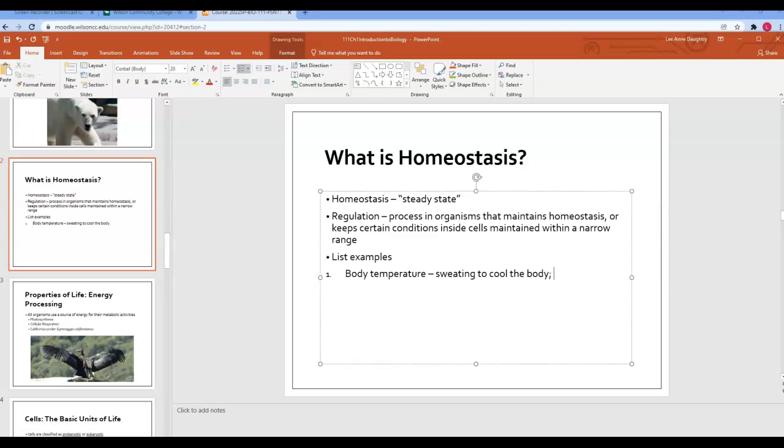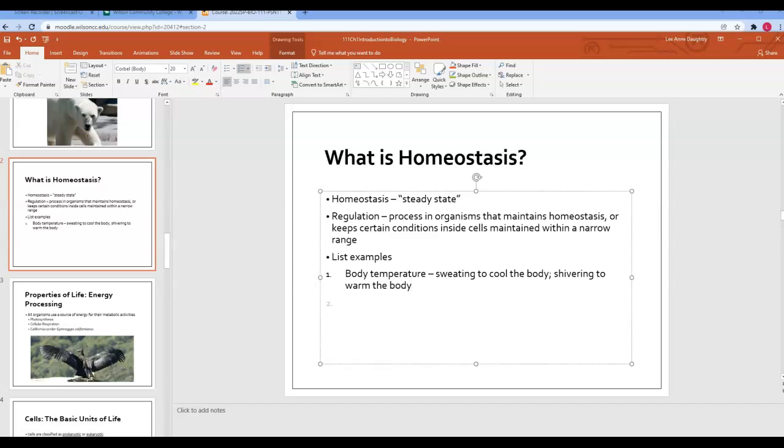And another example in the opposite direction would be shivering to warm the body. There are other examples as well. This is a very simplistic view of how we maintain body temperature. Another thing is when we need to cool our body, when we're hot, our blood vessels dilate. And when we are cold, our blood vessels constrict to hold in heat. But that's just one example.